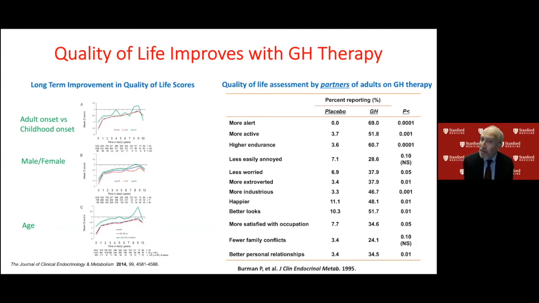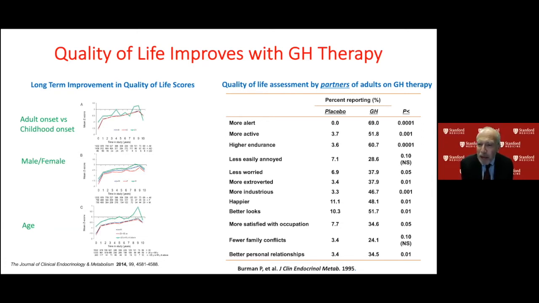But what these investigators did was to ask their live-in partners or spouses how they assessed the patient. And as you can see, the partners and spouses were actually very excited and claimed that there were really dramatic improvements in the patient who was getting growth hormone. They were more alert and active, less worried, more extroverted, even better looking, and their personal relationships were better.